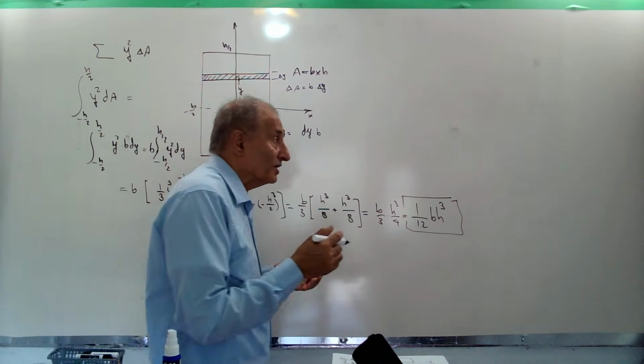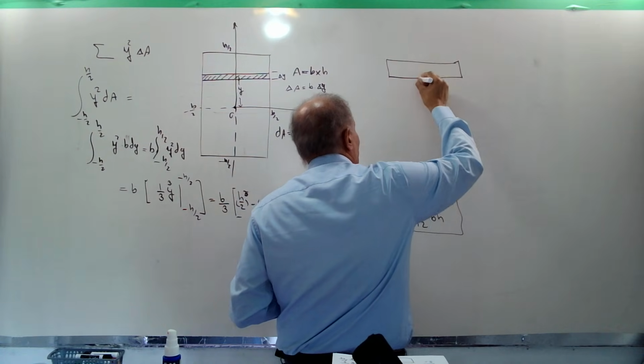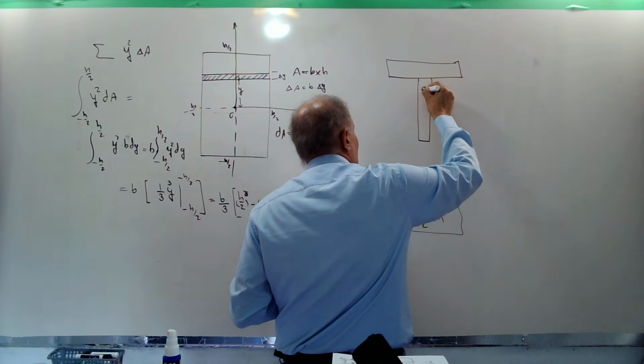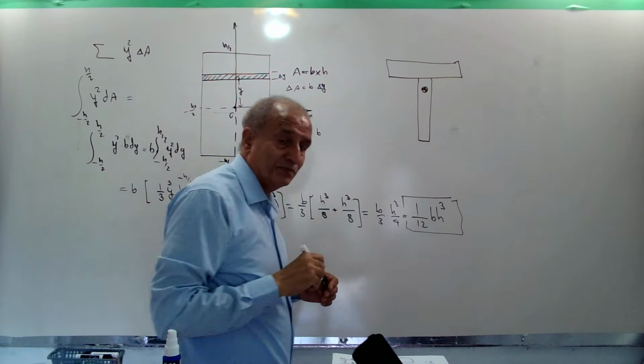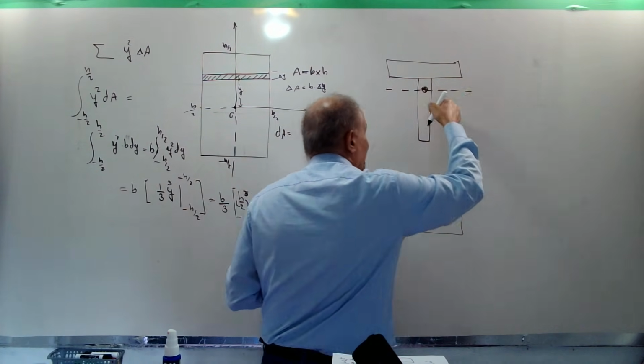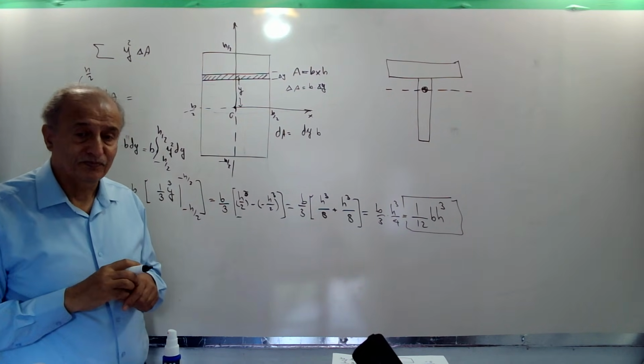In composite cross sections, assume that we have a T-beam and the centroid of the composite area is here, around this axis, and you want to find the moment of inertia of this cross section.